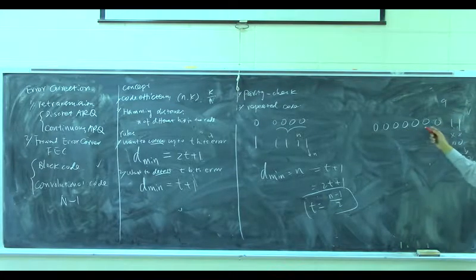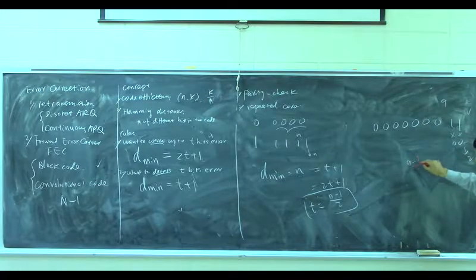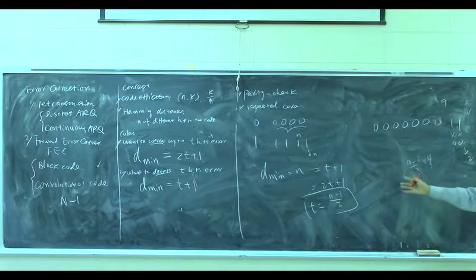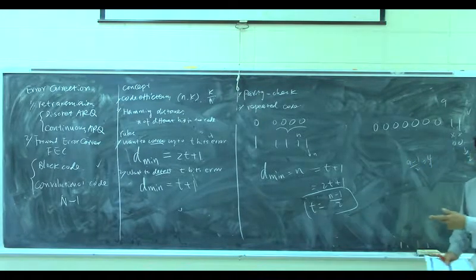The total distance is 9. So 9 minus 1 over 2 equals 4. That means you can only correct up to 4 bits of error. The capability is 4. This is 2, yeah, okay, I can do that. This is 7, no, because that is more than 4. Does that make sense? Okay. Any questions?